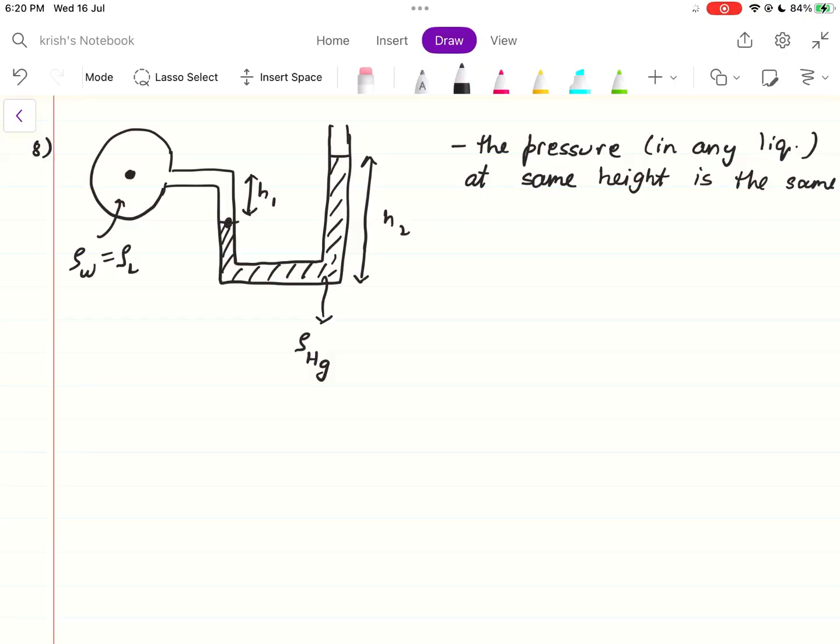This is 0.1, this is 0.2, and H2 is actually this much. The difference in the levels is H2, and this is 0.3.